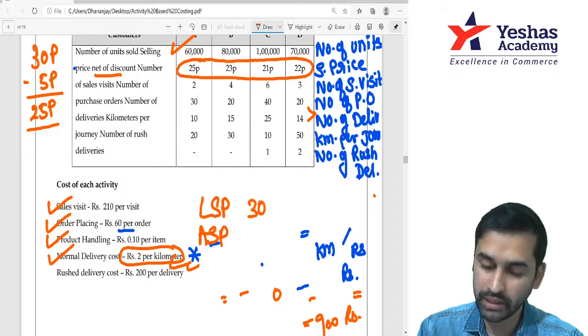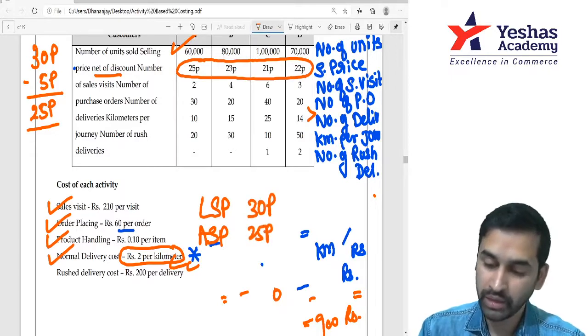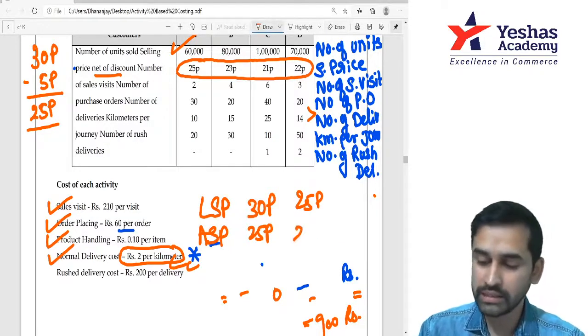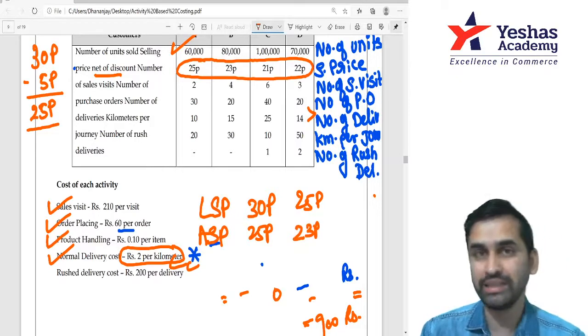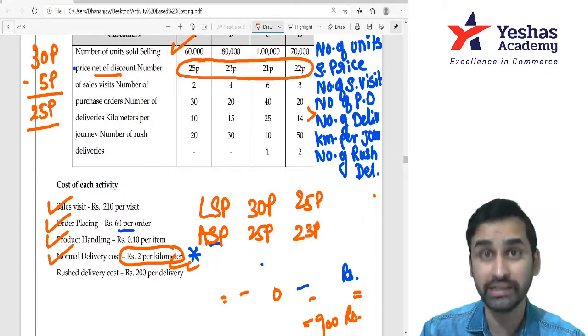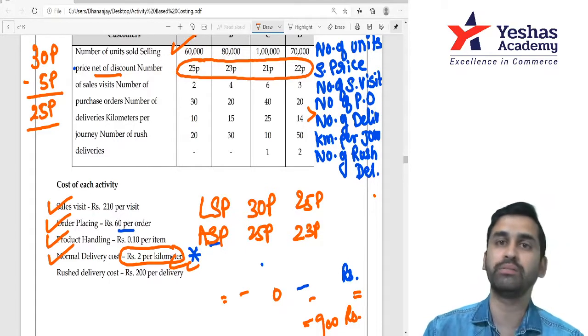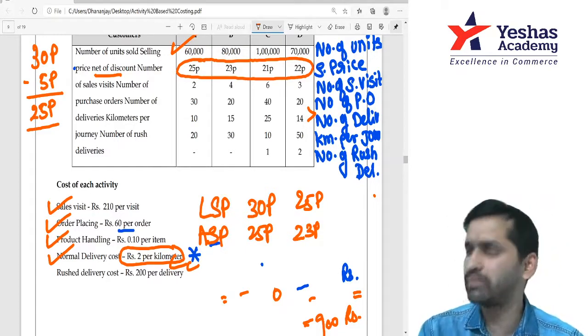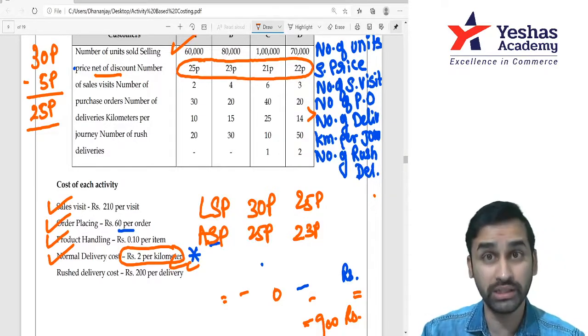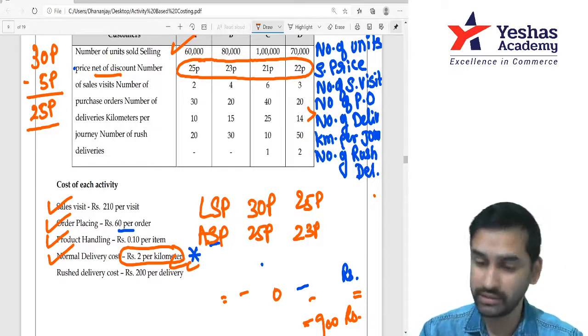They may give this as 30 paise, 25 paise, and this is 25 paise, 23 paise. Getting what I'm saying? List price means the price that is listed in the system, in their accounting software, pre-decided. But because some customers are negotiating, you may give some discount. So list price is the original price listed in their system.